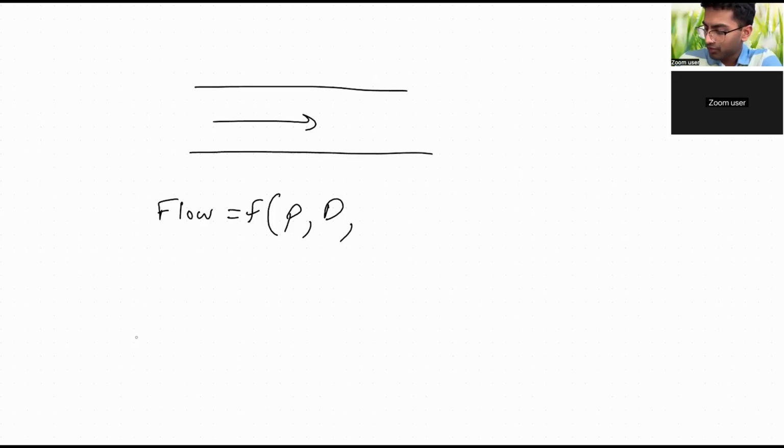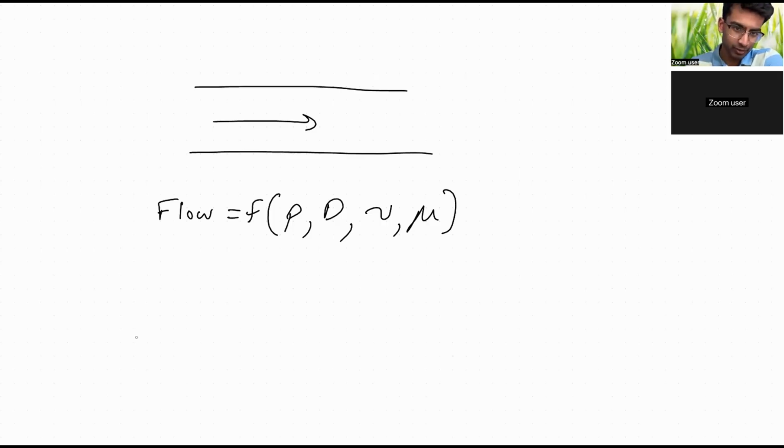Things like the velocity of the fluid. A faster fluid is going to flow differently than a slower fluid. And then the viscosity. This is essentially how viscous the fluid is. Molasses is going to flow a lot differently than, say, water or oil.